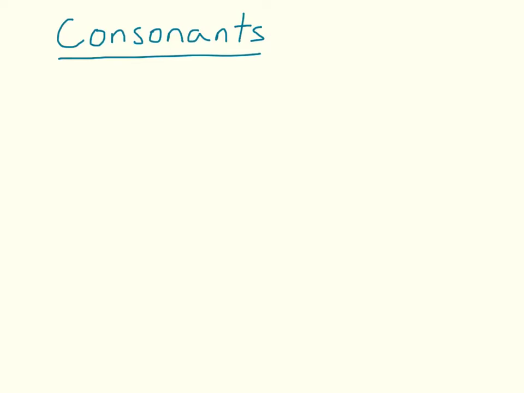So we're going to talk about a couple of consonants that are really different in Latin pronunciation than they are in English. The first one is the letter C itself, which is going to be pronounced like the C in the word consonants. It's going to be pronounced hard, because it's k, rather than a soft C, like in the word cider, which you can almost imagine being an S there.